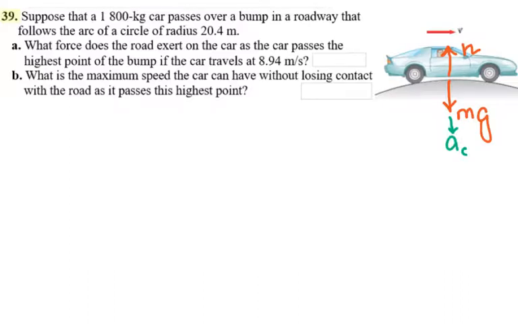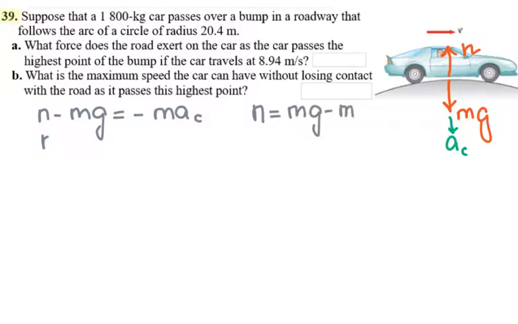So for Newton's second law, I have the normal force minus mg is equal to negative m a_c, because a_c is downward. In other words, the normal force is equal to mg minus m a_c. So the car is going to be feeling lighter all the way on the top of this circle. And velocity is given.